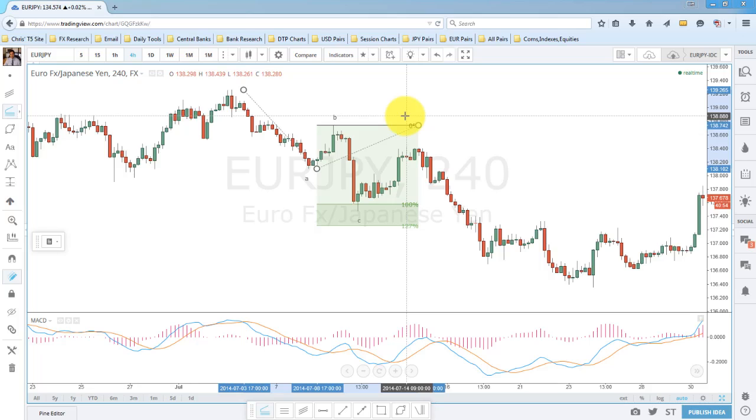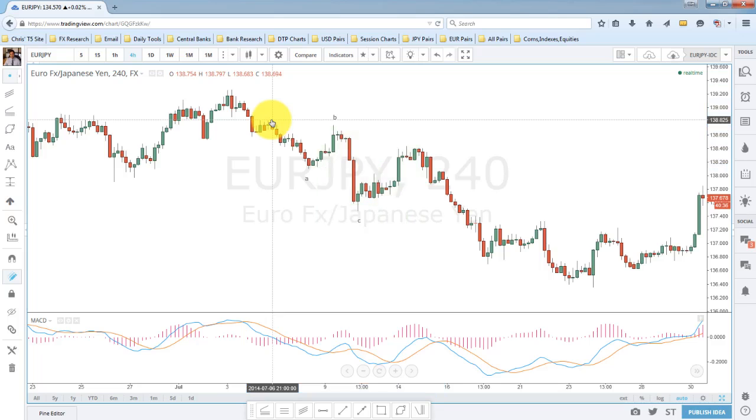Now, without getting too far ahead into our doubles and triples, I'm just going to look at this particular leg, this little cycle right here. Remember we talked about the markets being fractal in nature. I'll use a different label here.